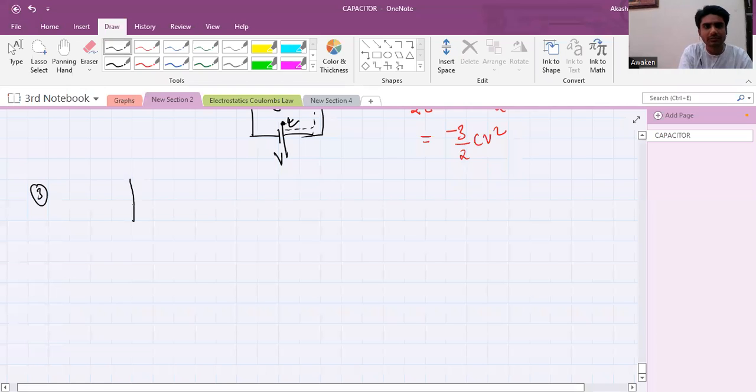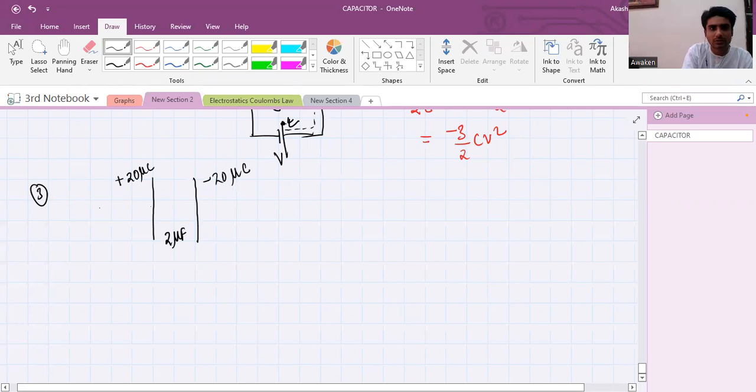Now let us say there is no battery, but there are two charged capacitors. There is one capacitor, here is one capacitor. Let us say this is 2 microfarad, charged, so it is plus 20 microcoulomb, minus 20 microcoulomb. This is the charged capacitor.